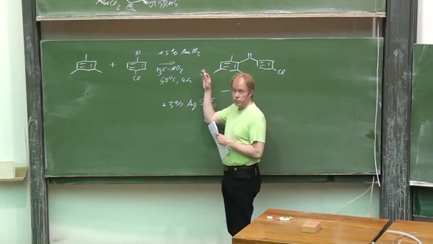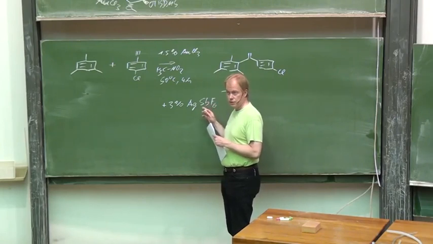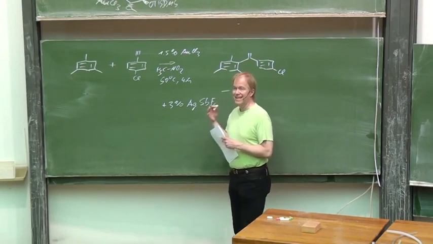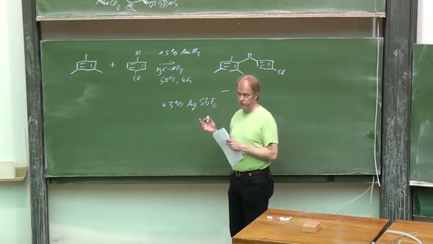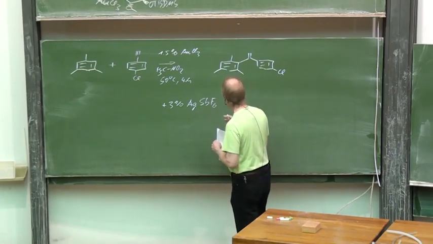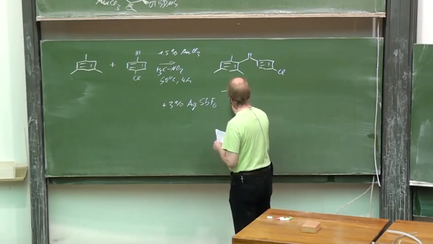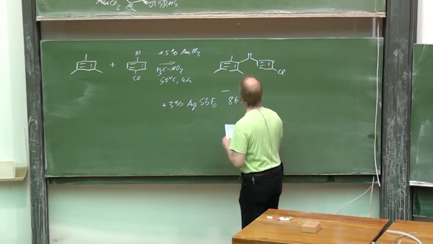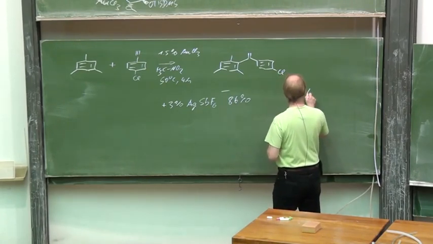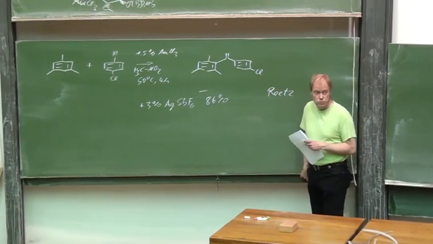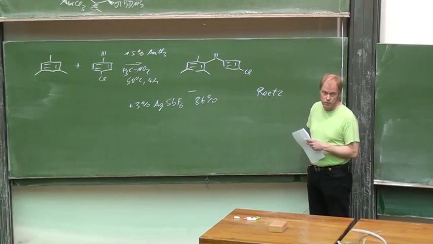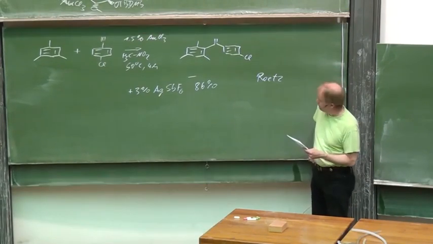The silver will grab a chloride in a chloride SbF6 exchange, and therefore we then have a cationic gold complex, which is far more electrophilic, and this then works very well. 86% yield is obtained, and this is a result from the Reetz group, which is located nearby at the Max Planck Institute for Kohlenforschung in Mülheim.